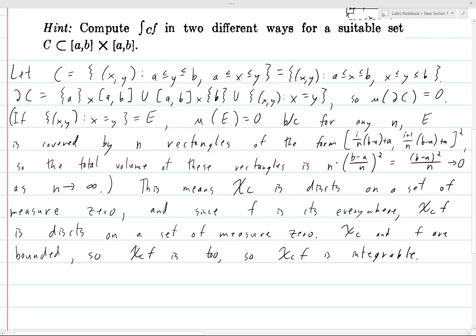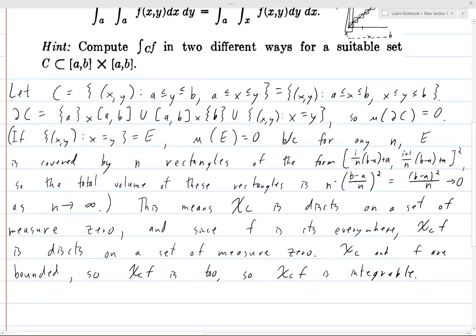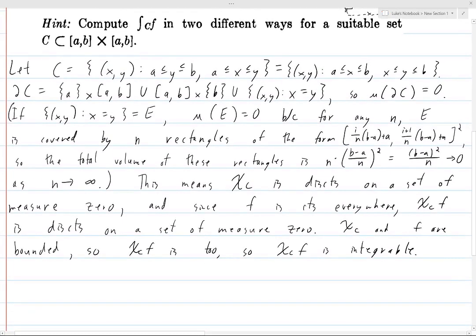Well, we have Fubini's theorem, and that tells you two different ways of computing an integral. You can compute it in terms of x then y, or you can compute it in terms of y then x, and that's exactly what we're looking for in the problem statement. We want these two different integrals to be equal. So that sort of should give you a hint as to how we should move forward with that. So now we want to set up this integral.